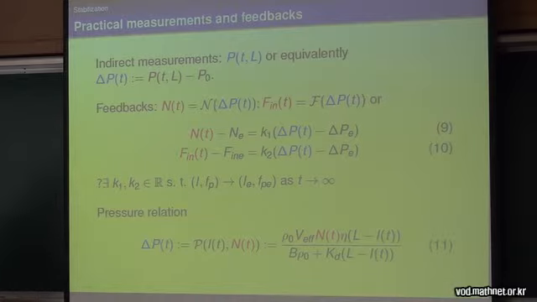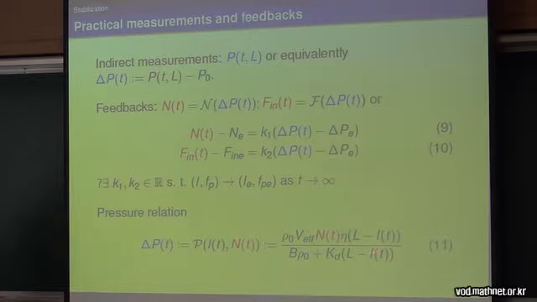And usually people like to use the linear proportional feedback law like 9 and 10. So the question of stabilization is to find suitable constants K1, K2 such that the solutions L and FP converge to the equilibria LE and FPE as time goes to infinity. And we note that the pressure relation is written as equation 11.